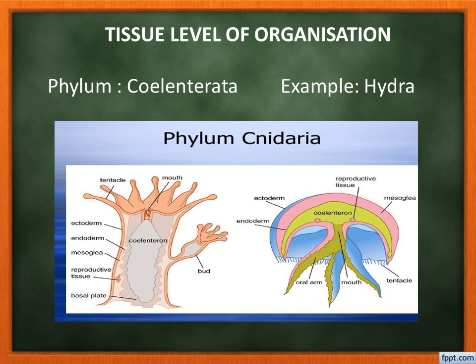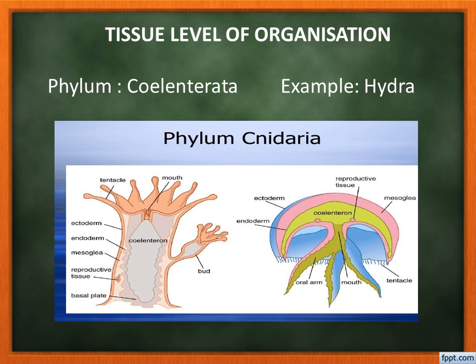Next one is tissue level of organization. I hope you know what a tissue is, right? What do we mean by tissue? A group of cells doing a similar function is called tissue. So these organisms are made up of groups of cells, which means tissues, doing the same function. This is called tissue level of organization.